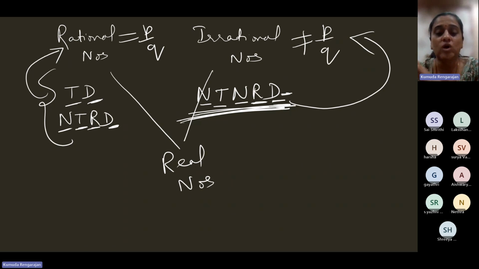That's why the number line is called the real number line. You can represent every rational number, every irrational number on the number line.